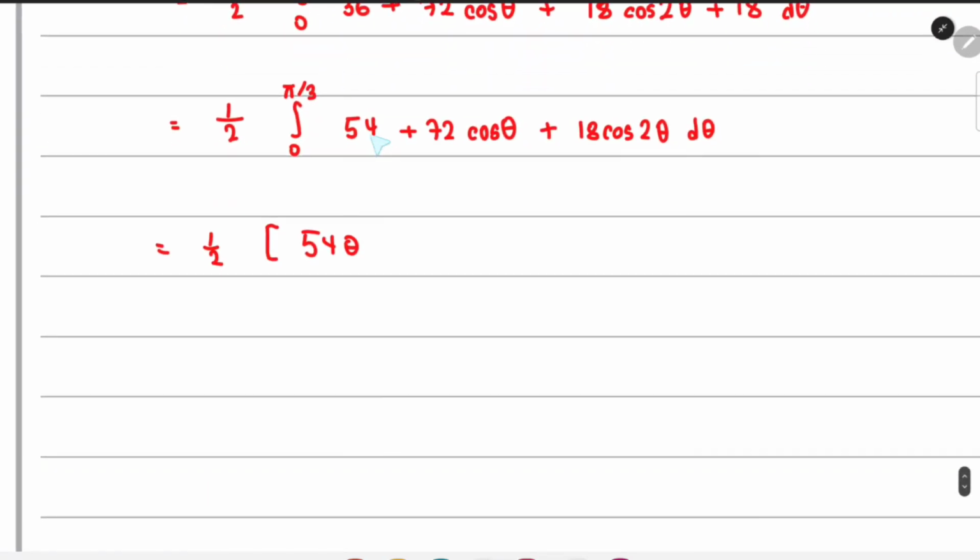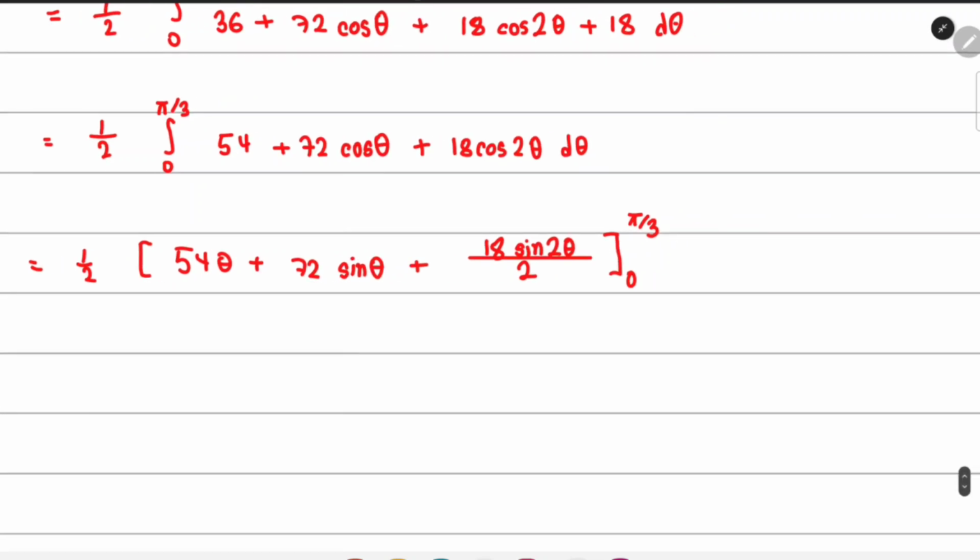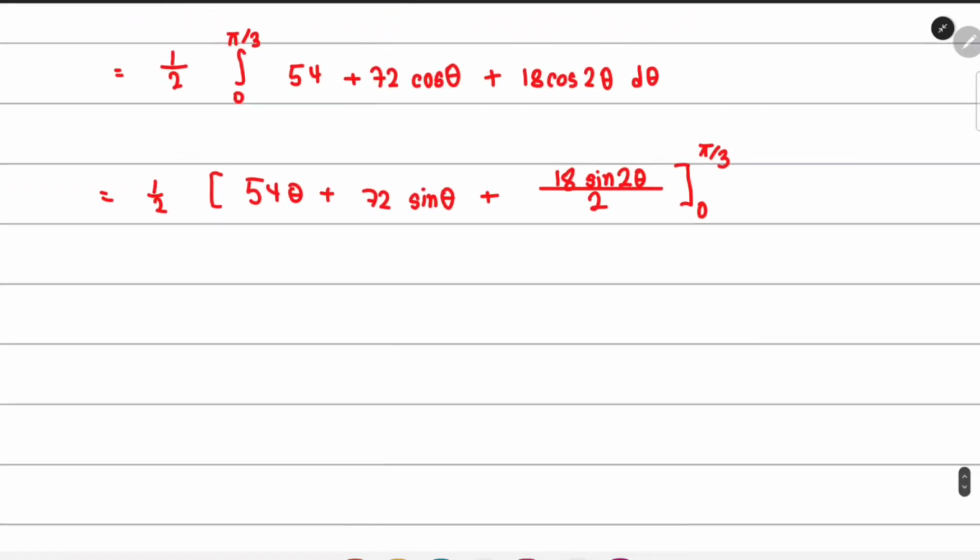If I integrate 54, I get 54 theta. If I integrate 72 cos theta, I'll get 72 sine theta. And if I integrate this, I'll get 18 sine 2 theta divided by 2. And the limits are from 0 to pi by 3. So now I'll put the limits in.